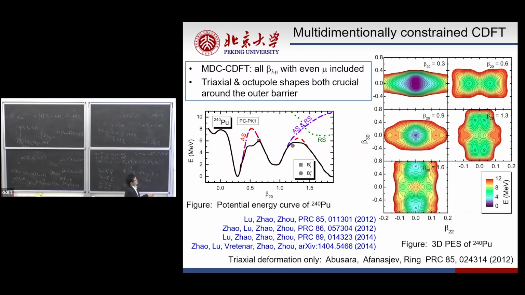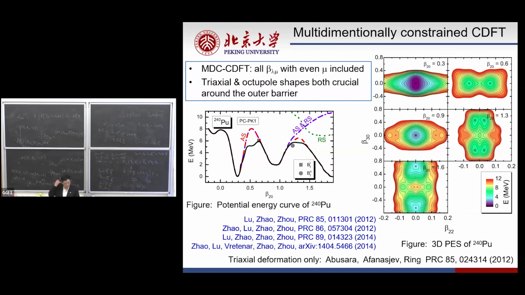And also after breaking the reflection symmetry, you could see this barrier is also reproduced so well. So this is essentially the ground state calculation, and I hope that you could see that the relativistic density functional can really do a lot.